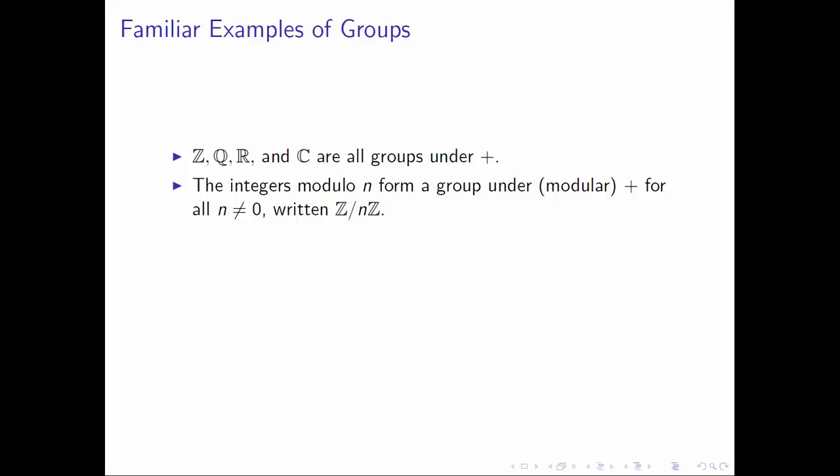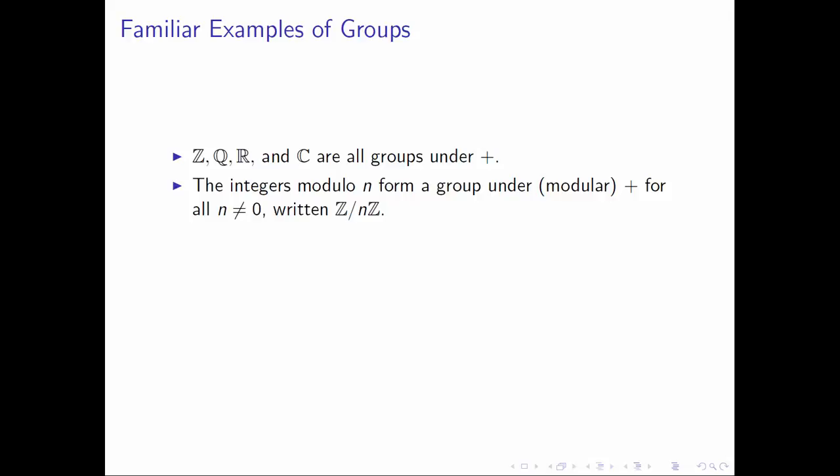It's not in my original set 0, 1, 2. But what I'll do is take 3 and read it modulo 3. So I'll associate 3 with its remainder when I divide by 3, and its remainder when I divide by 3 is 0. So when I take 1 plus 2 and add them together, instead of saying the answer is 3, I'll say that the answer is 3 mod 3, which is 0.